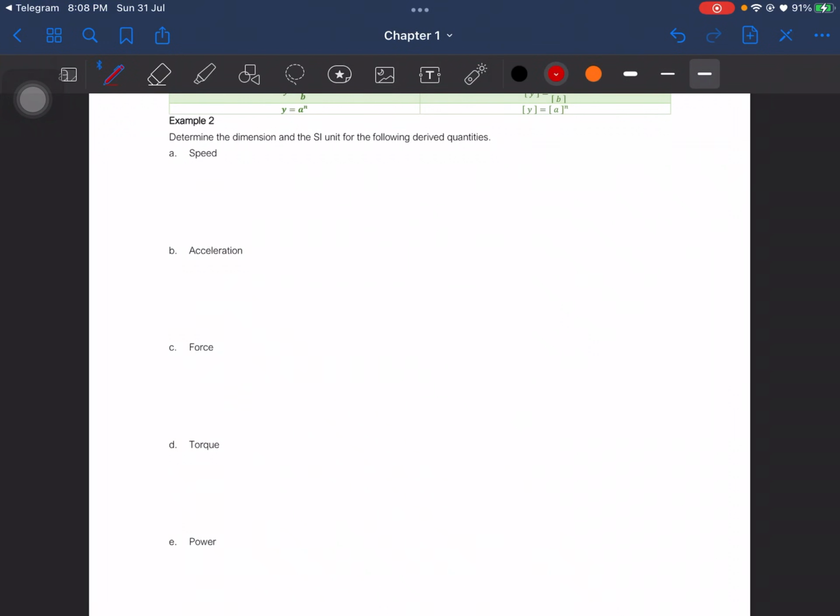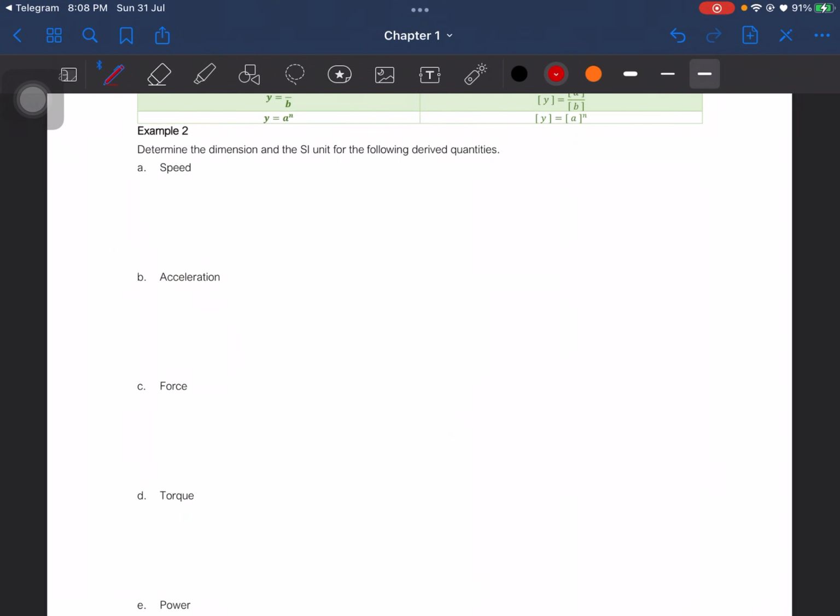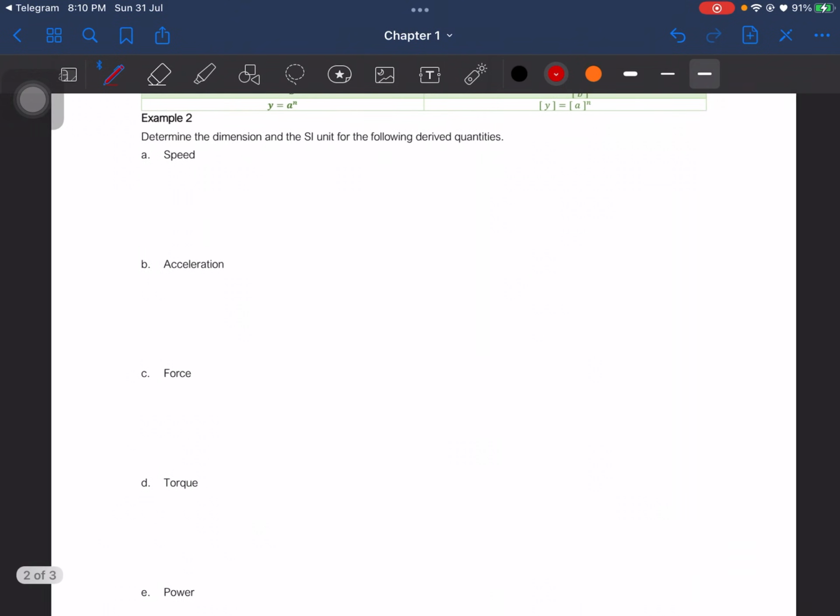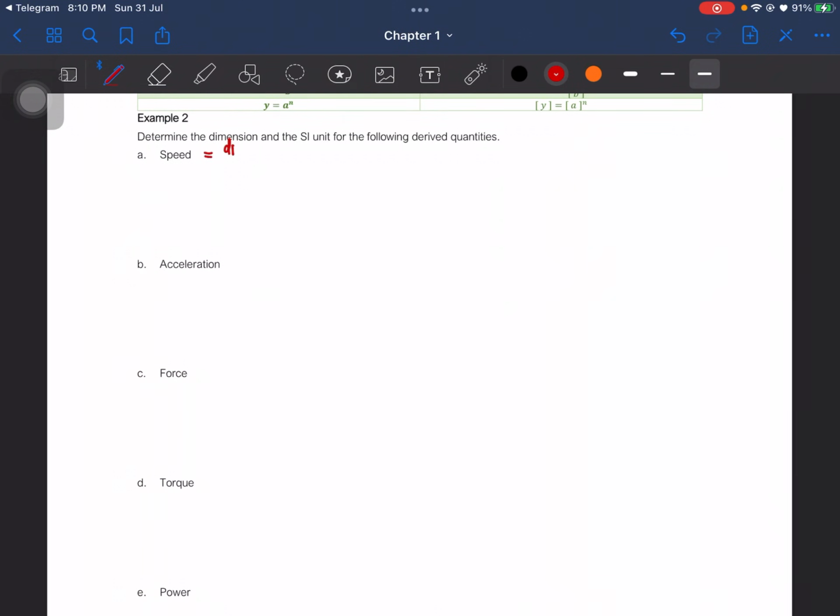So for speed, let me just open up my other notes so that I know I am doing it correctly. Okay, we know that speed is equal to distance divided by time.